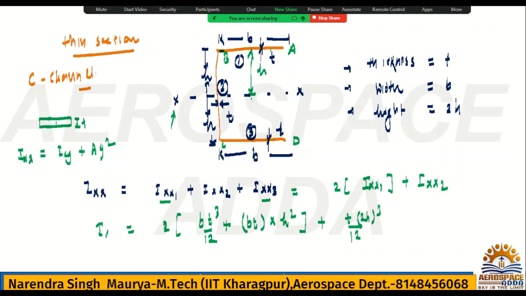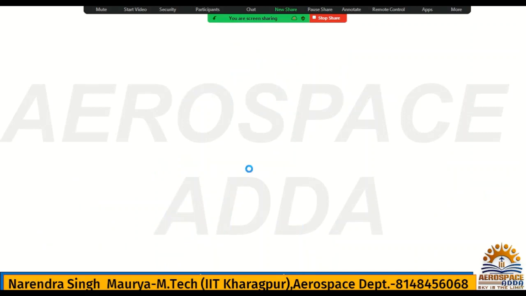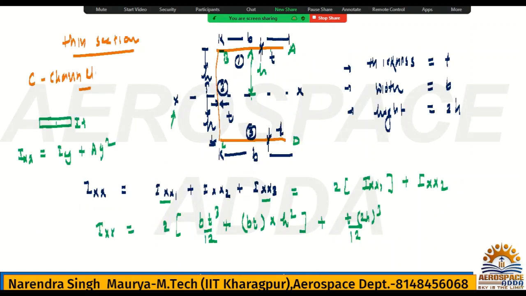Because we are talking about a thin section, what is the approximation I have given? Any higher order term you have to neglect. That is the approximation of thin wall. If you check, t cube is higher order, so simply you can make it 0.